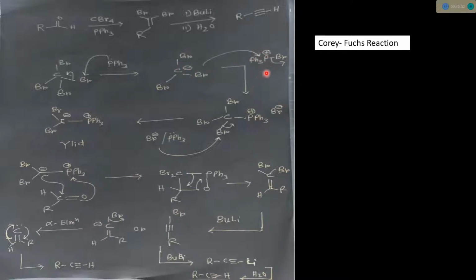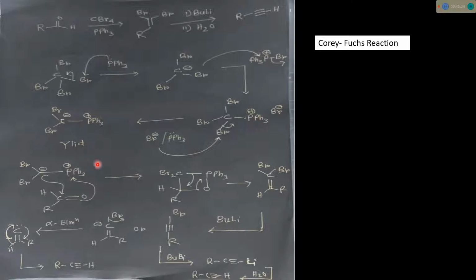Then PPh3 plus and CBr3, this intermediate will form. Then Br minus or PPh3 from the reaction medium will attack another bromine atom to form PPh3 plus CBr2 minus. This is the phosphonium ylide.